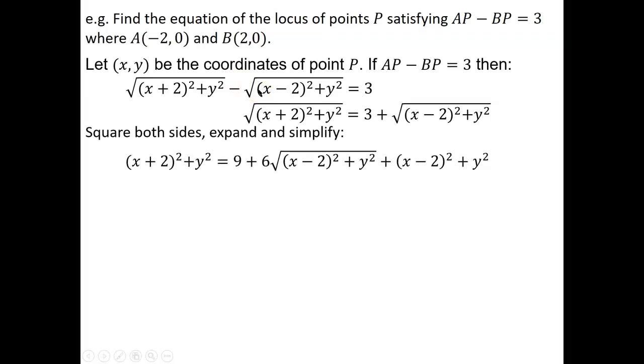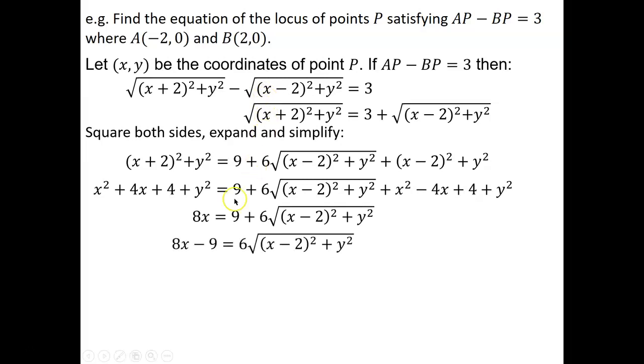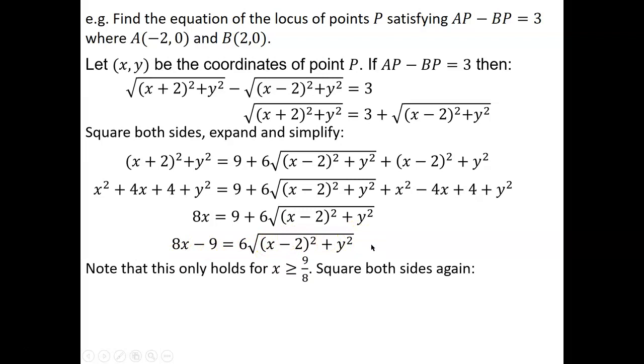Square both sides and expand the brackets. Simplify. Then I want to subtract this 9 because then I'm going to square this and that will get rid of my square root. So we've got this.